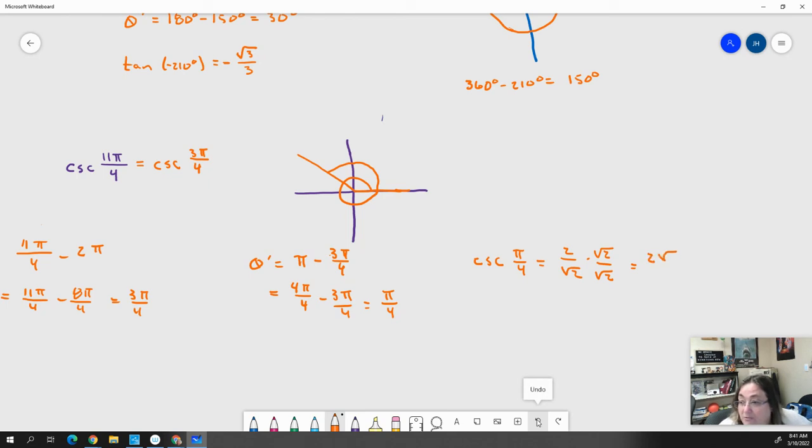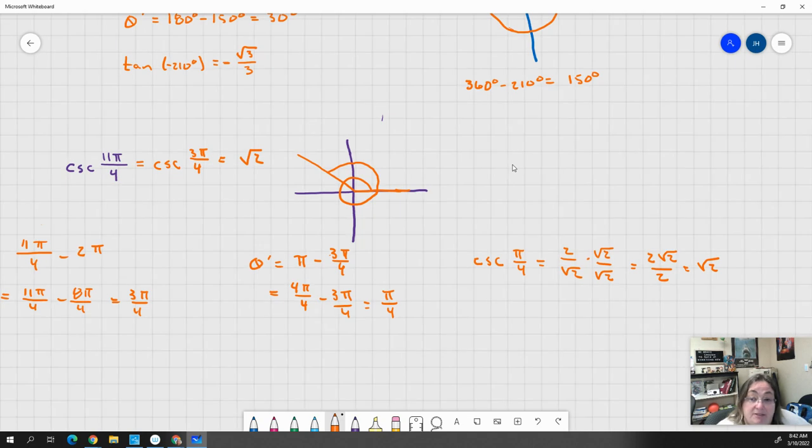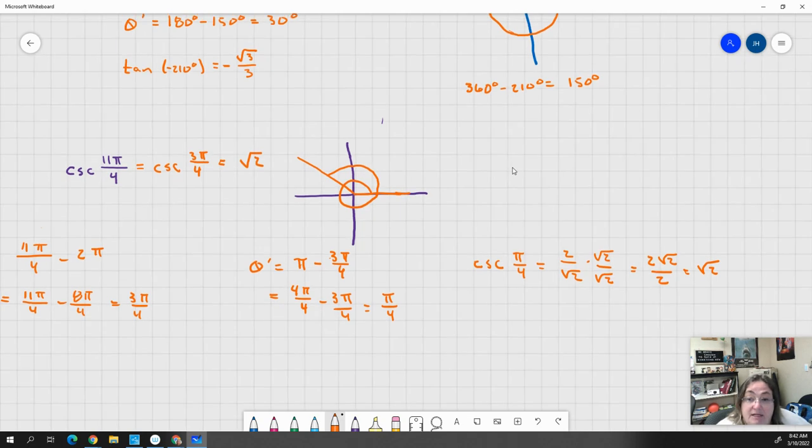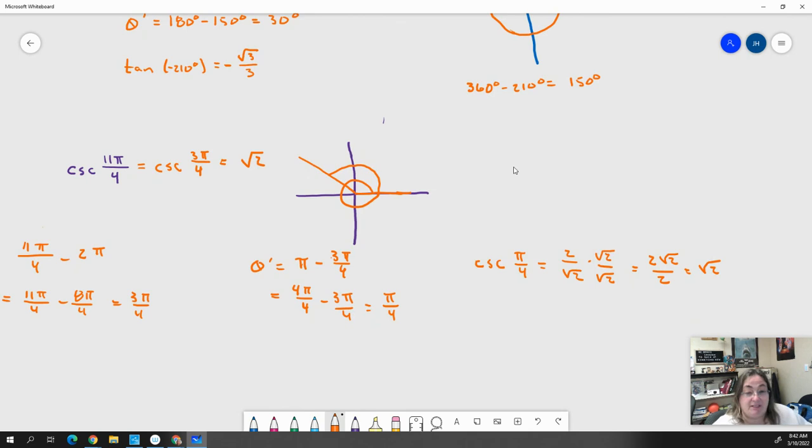We get 2 rad 2 over 2, which is just radical 2. So we can say now that this equals radical 2, but we need to know what the sign is. Is it positive or is it negative? And in this quadrant, we're dealing with sine, which is y, and so it would stay positive. This would be our solution.